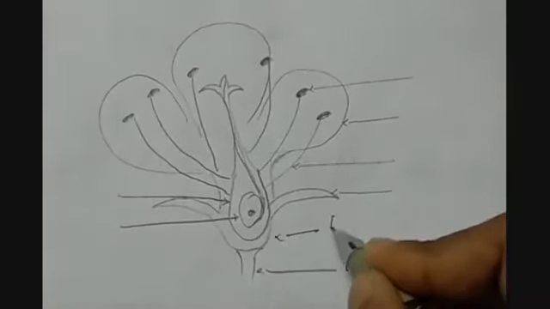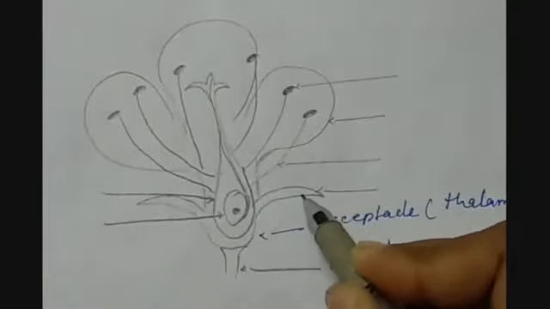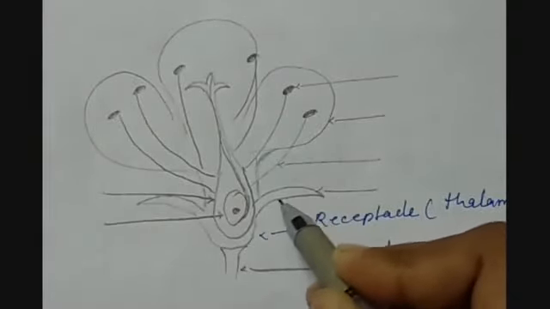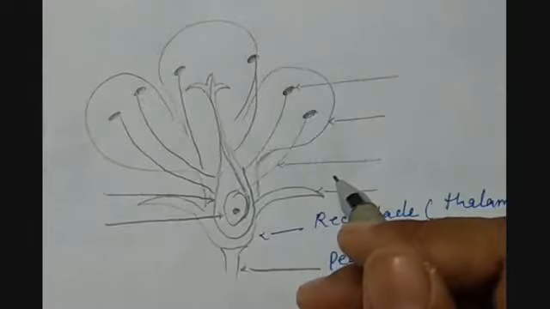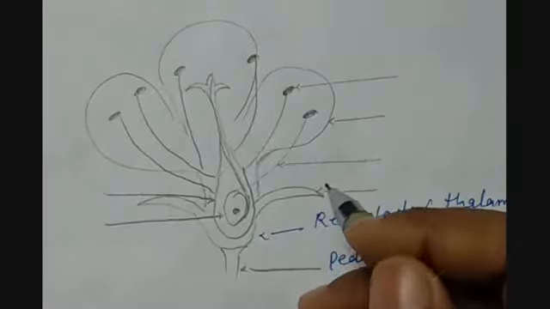Here, this green part which I have drawn with the pencil is actually part of the flower. When the flower is enclosed in the form of a bud, this part supports it. So this is called the sepal.